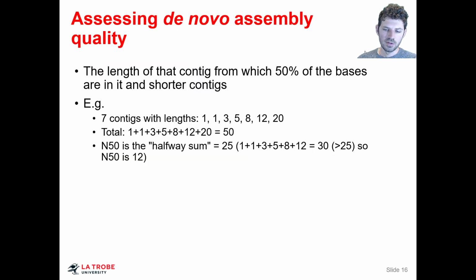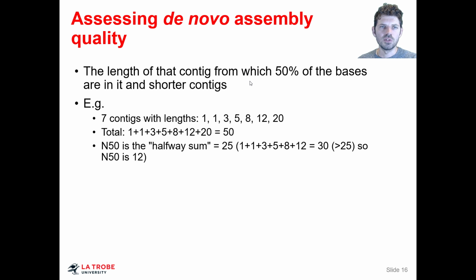Now, in terms of giving some reliability to your de novo sequence assembly, there's a really important metric which is often reported, called the N50. This is basically a single number which determines how long most of your contigs are.